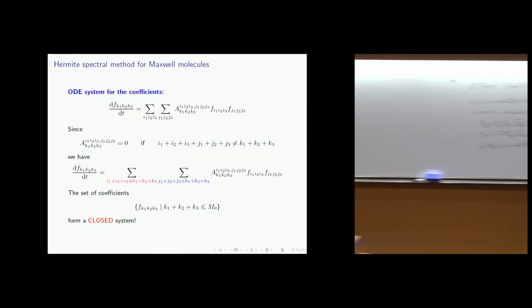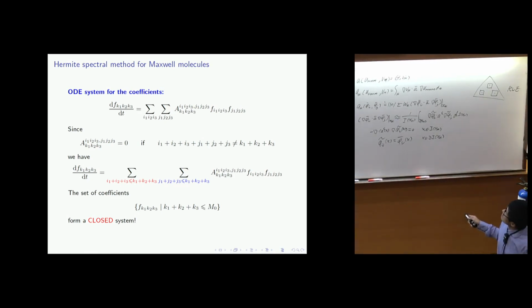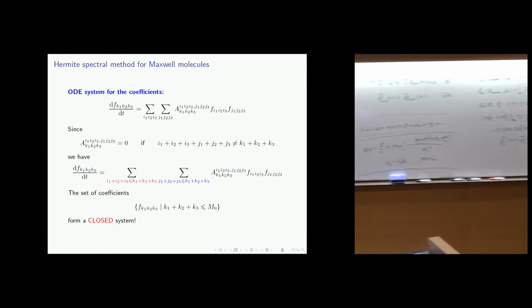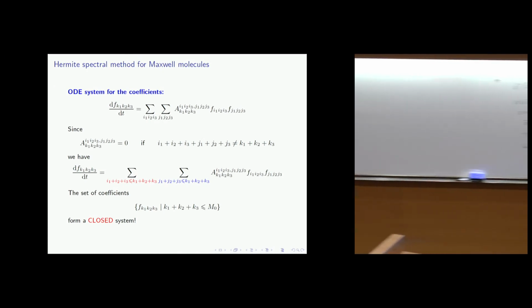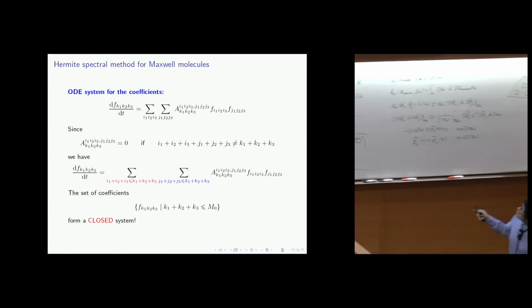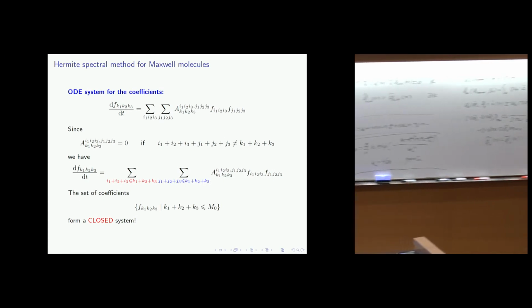This is our original ordinary differential system. Okay, and as I said, if this is not equal to this, then all these coefficients are zeros. Then what can you conclude? You can actually remove some of these coefficients from this right-hand side. Some terms, actually many terms on the right-hand side.